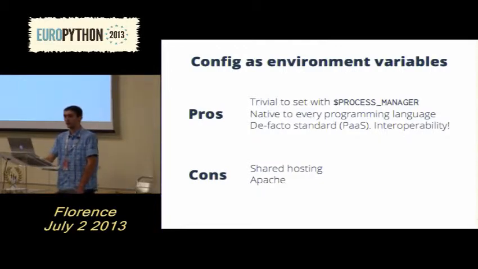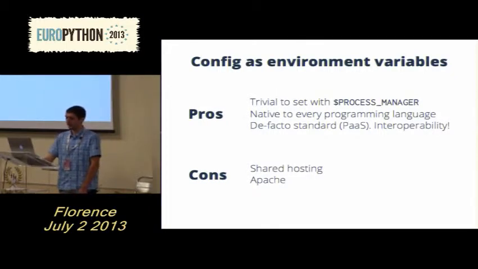So if you have administrative bash scripts or node processes or whatever, they can access these environment variables just the same way that your Python app does. It's also becoming a standard on platform as a service. So it's better for interoperability if you want to move stuff from Heroku to somewhere else or the other way.